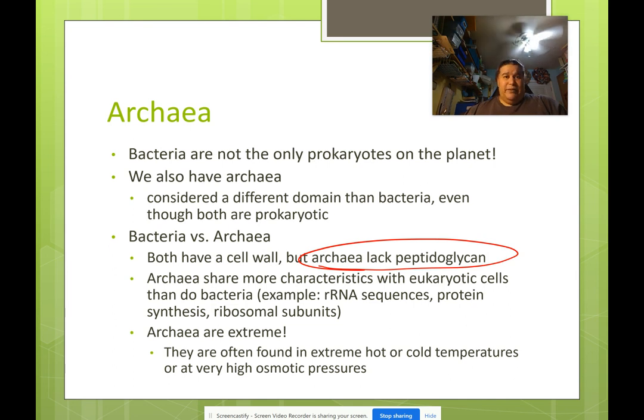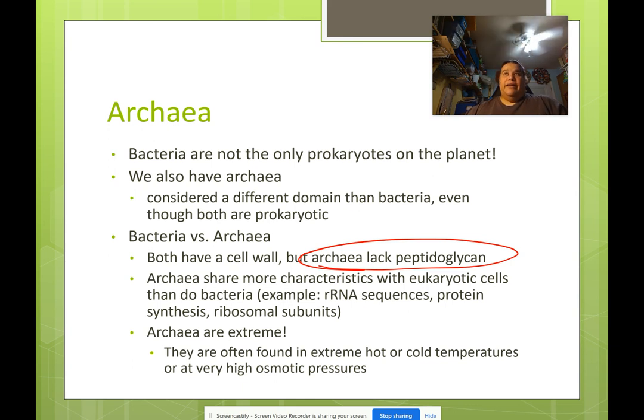Ribosomal RNA sequences, protein synthesis, ribosomal subunits. Remember, I said they're different sizes. The bacteria have smaller than the eukaryotes do. These guys have the same size ribosomes as eukaryotes. So that's a big whoa, wait a minute. They're not the same. So we definitely needed to put them in their own unique category or domain.